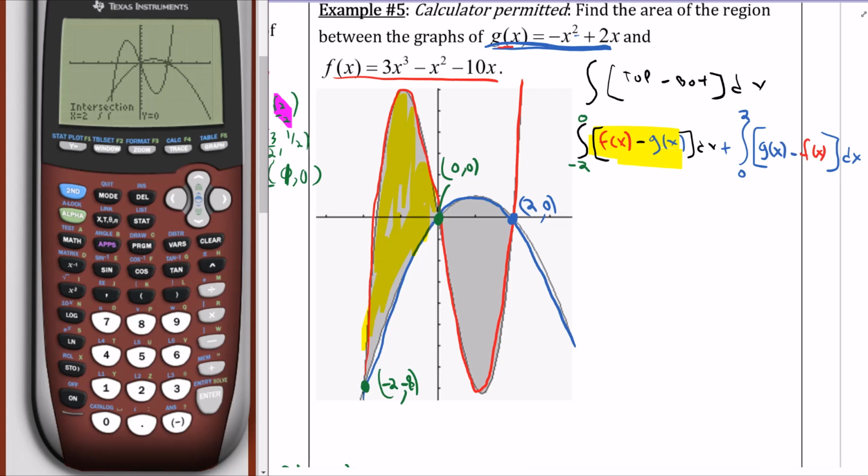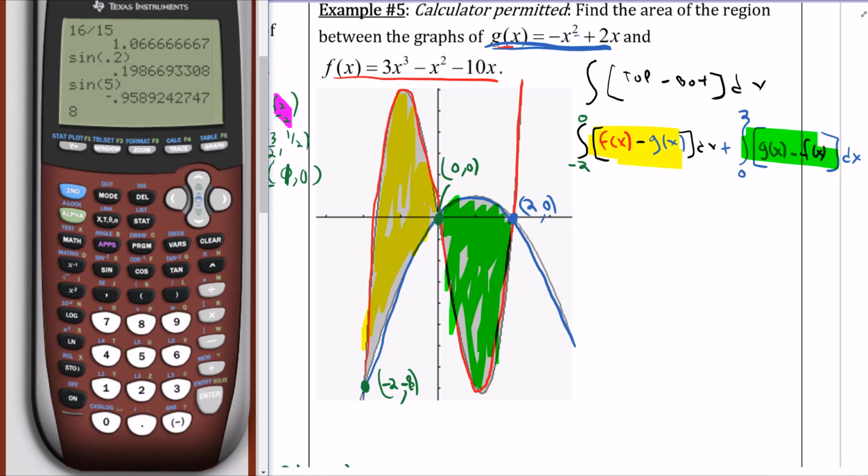Right? So what this piece is going to tell me is this region here. Right? And we have a calculator, so we're going to do this on our calculator. So let's go out to where we calculate things, and we're trying to calculate integrals, so that's math 9. The first integral is from -2 to 0.